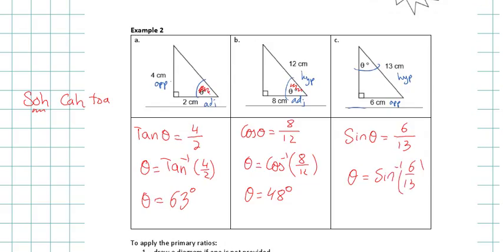And what do you get? 30. Are we okay with this? How did you get 30 degrees? You do sine inverse of 6/12.